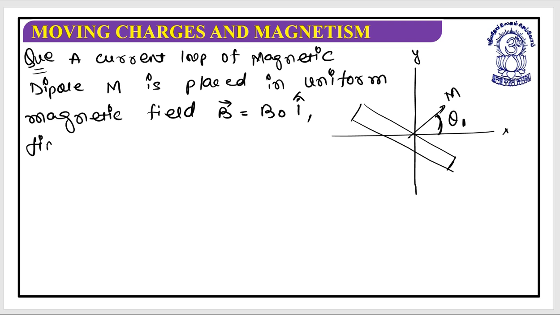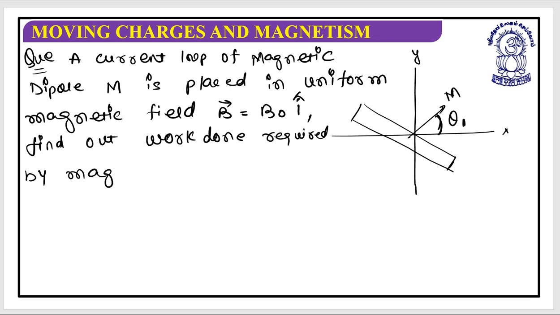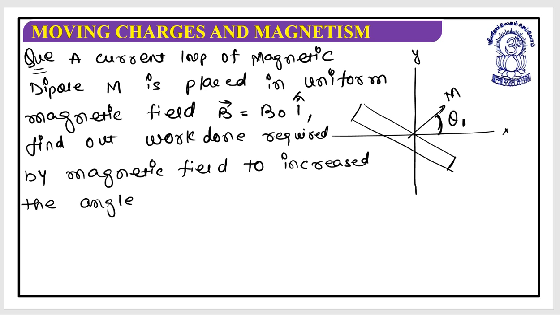Find out the work done required by the magnetic field to increase the angle from theta 1 to theta 2.